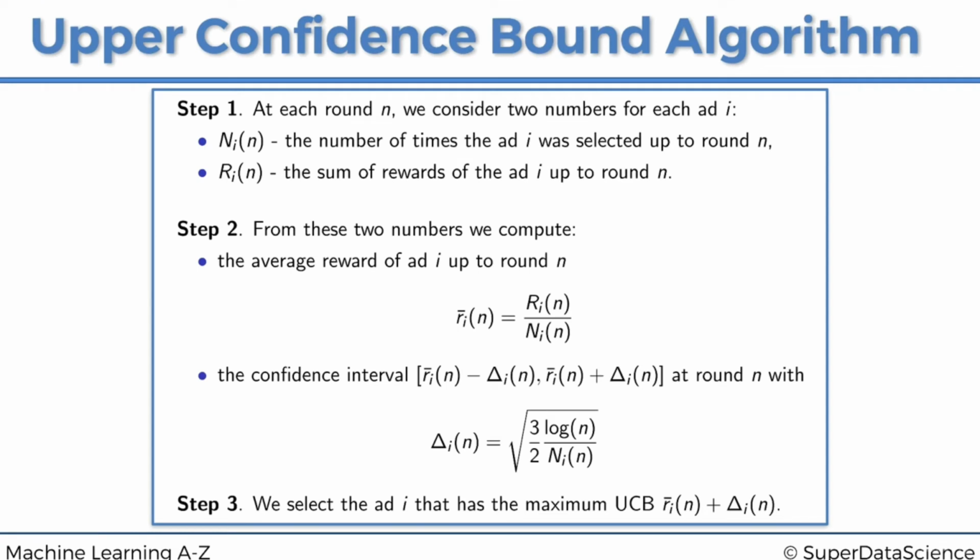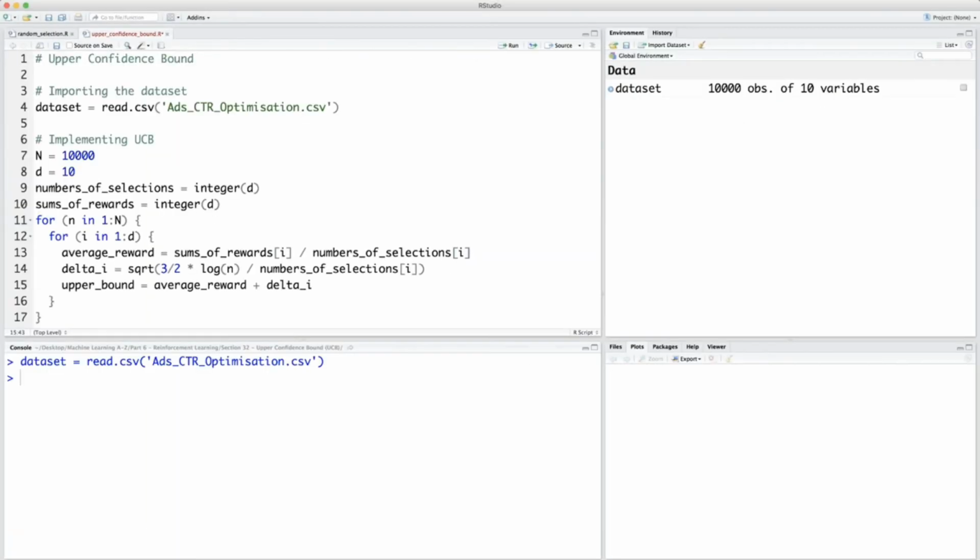So now let's move on to step 3. Step 3 is to select the ad version i that has the maximum upper bound. So now things get a little more complicated because we need to actually create a huge vector, a huge list that will contain the different versions of the ad that were selected at each round. So let's do this.